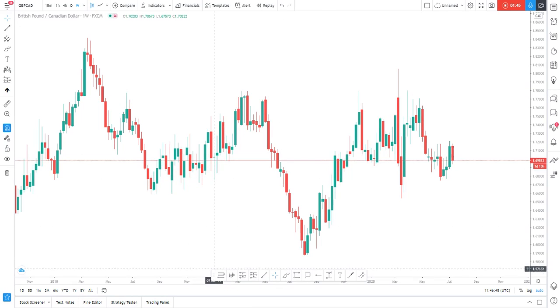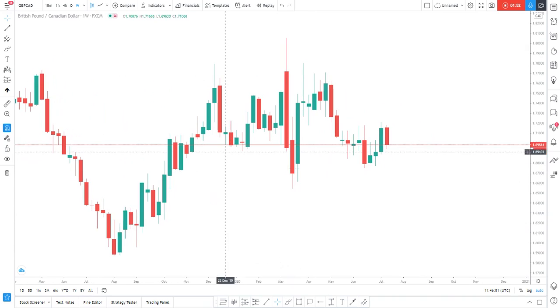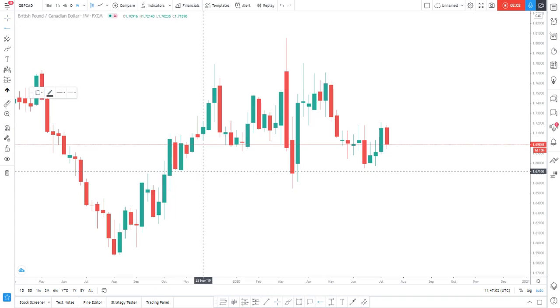So what I'll do now is zoom into price real quick and more closely to see what current structure is doing.